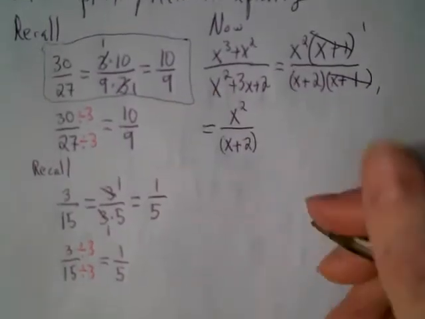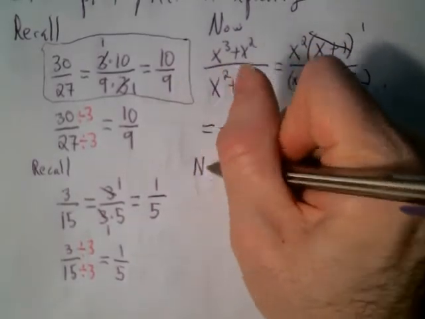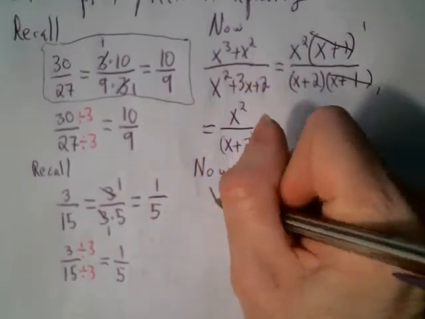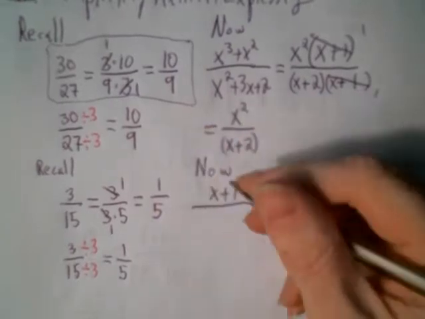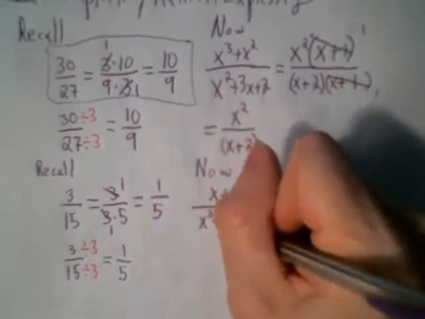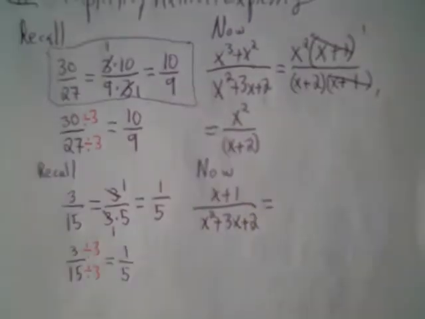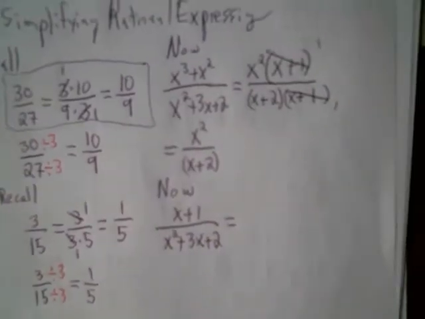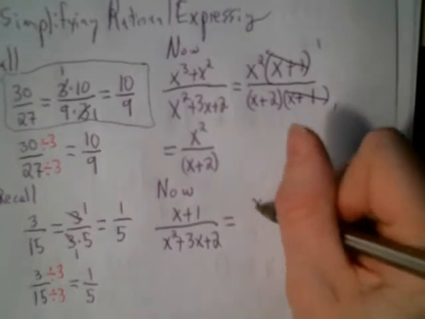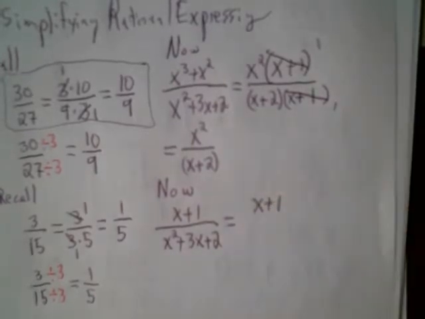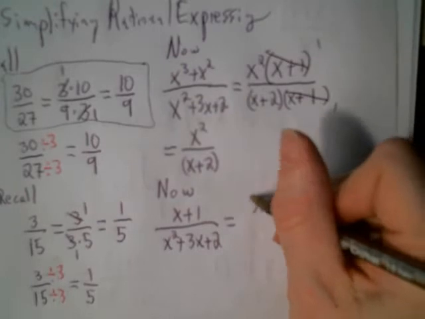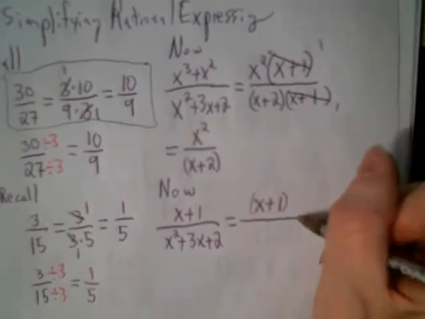Okay, so again, I want to do it in this new context with variables. So I'll have something like x plus 1 all over x squared plus 3x plus 2. Okay, I want to completely factor this guy. So x plus 1 is prime, right? I can't factor that any more than what it already is factored.